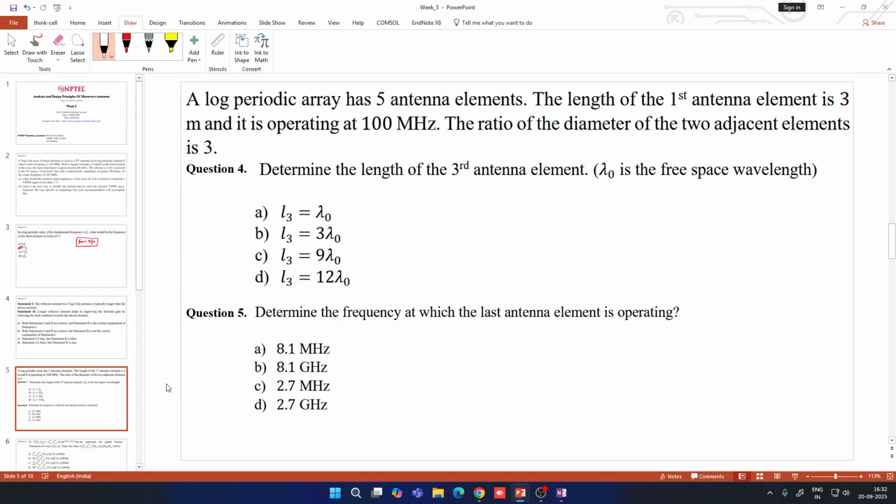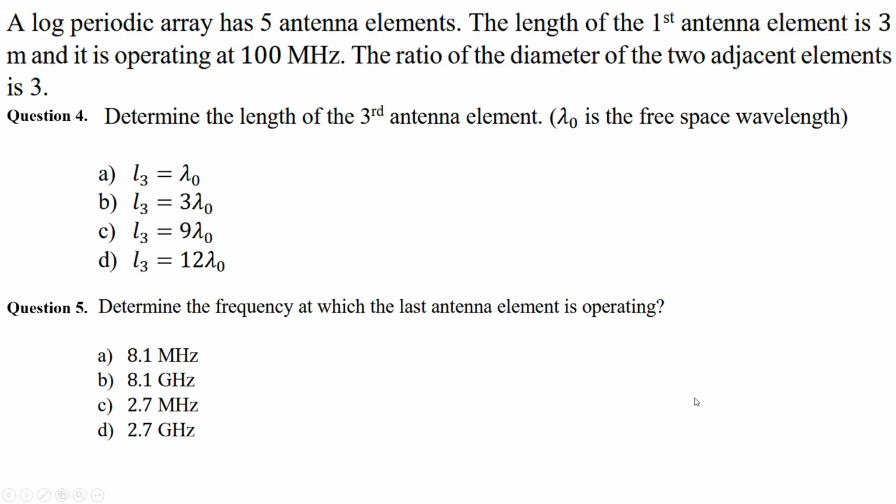Now we will move on to question number 4. The data for question number 4 and 5 is common. Question is, a log periodic array has 5 antenna elements. The length of the first antenna element is 3 meter and it is operating at 100 megahertz. The ratio of the diameter of the two adjacent elements is 3.